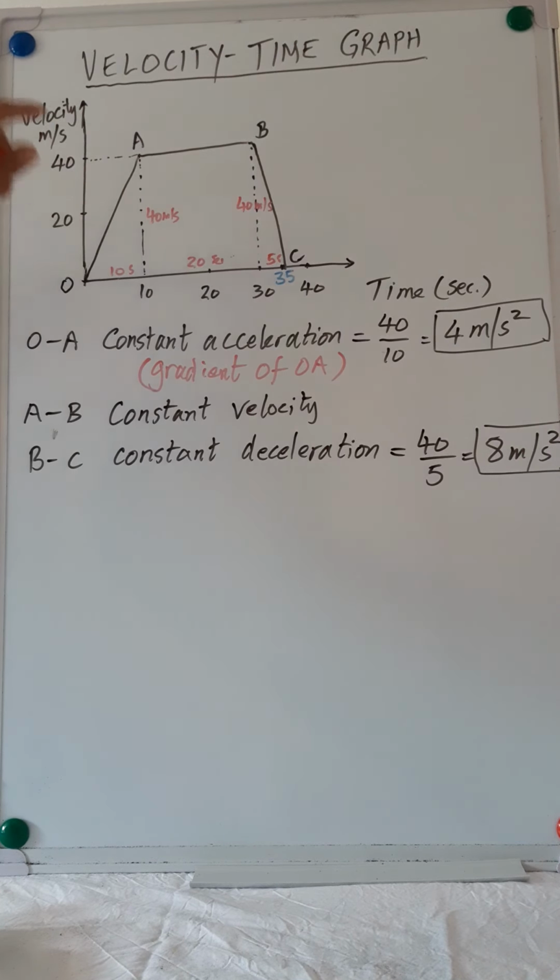So the total distance traveled is going to be equal to the sum of A plus B plus C. We add all these together, which is 200 plus 800 plus 100.